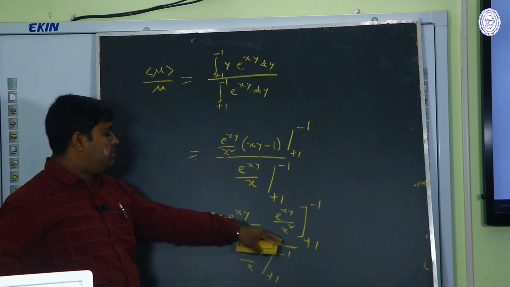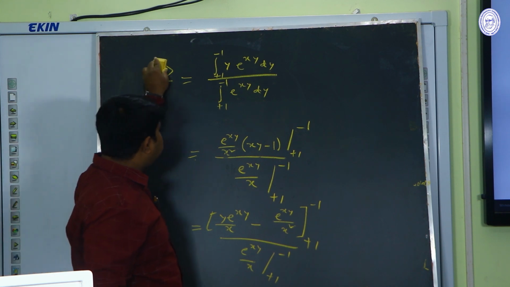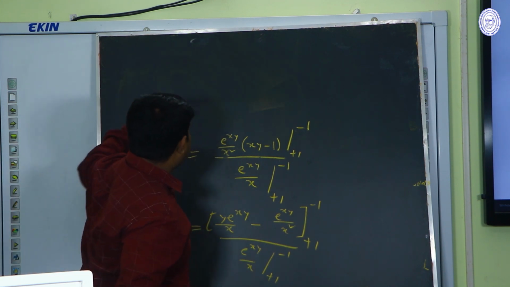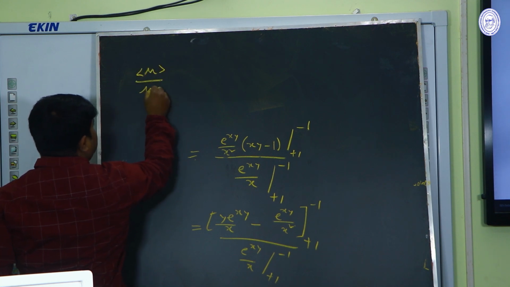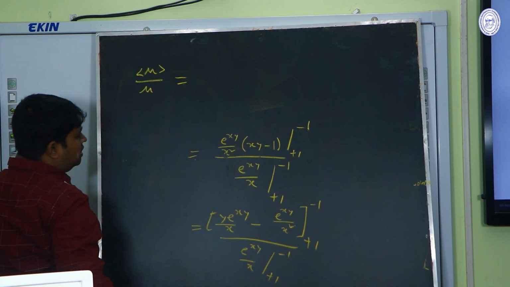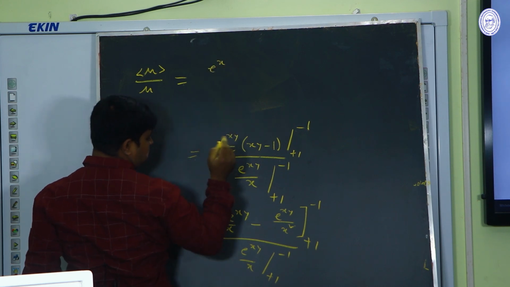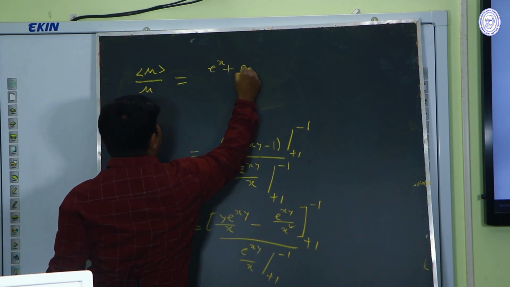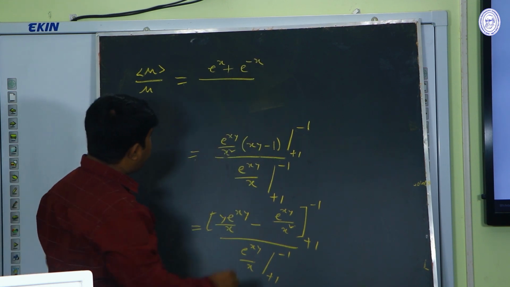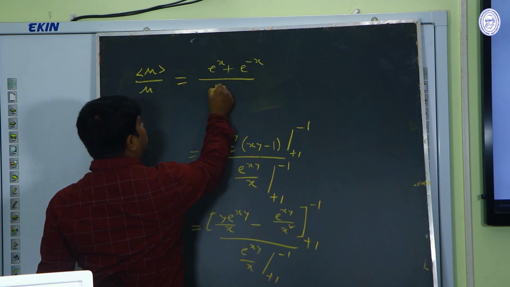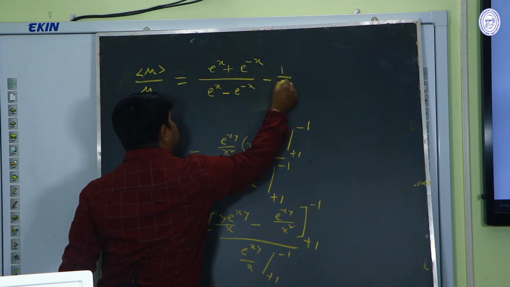So putting the value of y, we get mu average by mu is equal to e to the power x plus e to the power minus x by e to the power x minus e to the power minus x, minus 1 by x.